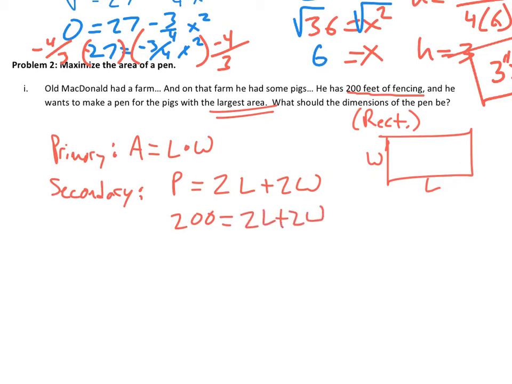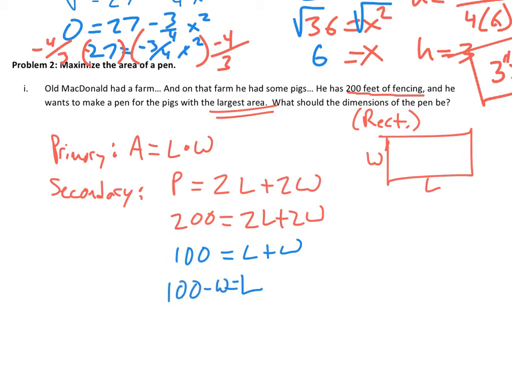Now, what we want to do is solve this for L or W, substitute, and then we're going to use calculus to find the maximum area, the largest area, all right? So if we divide everything by 2 here, we get 100 equals L plus W. And so you choose. It doesn't matter which one you solve for.